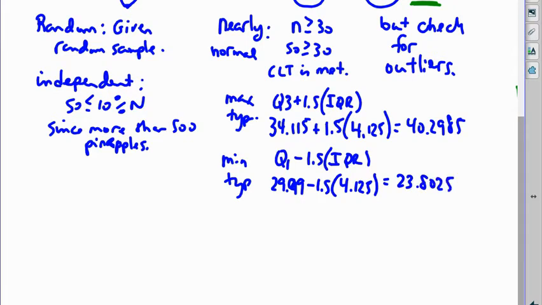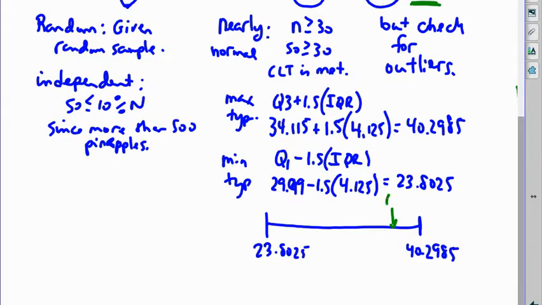So if you think of those typical values as being 23.8025, and up here you've got your 40.2985, we see that the 35 is in there. That's that max. And we also see that the min, which was 26.491, is somewhere in here too. So that is no outliers. That's good, because that means that our conditions are met.